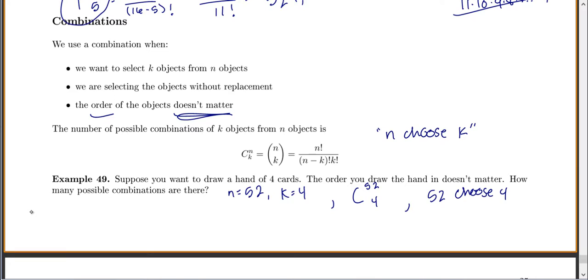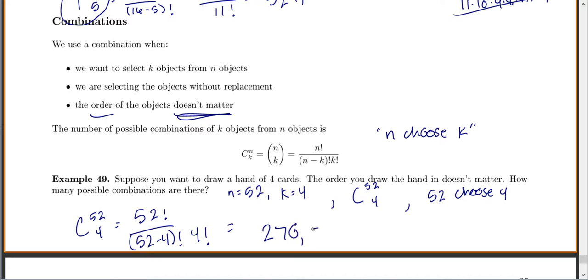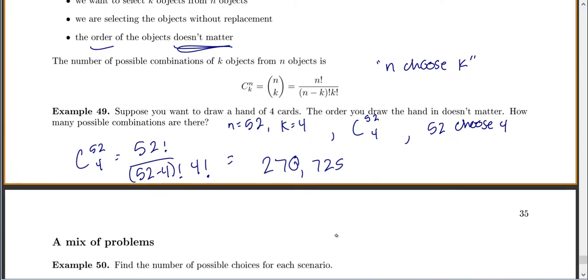So at this point, you could just put it in your calculator if you have that button, or you can say, okay, it's n factorial, so 52 factorial, over n minus k, so 52 minus 4 factorial times k factorial, or 4 factorial. And this is 270,725. So that's a lot of different combinations of 4-card hands that you can get.